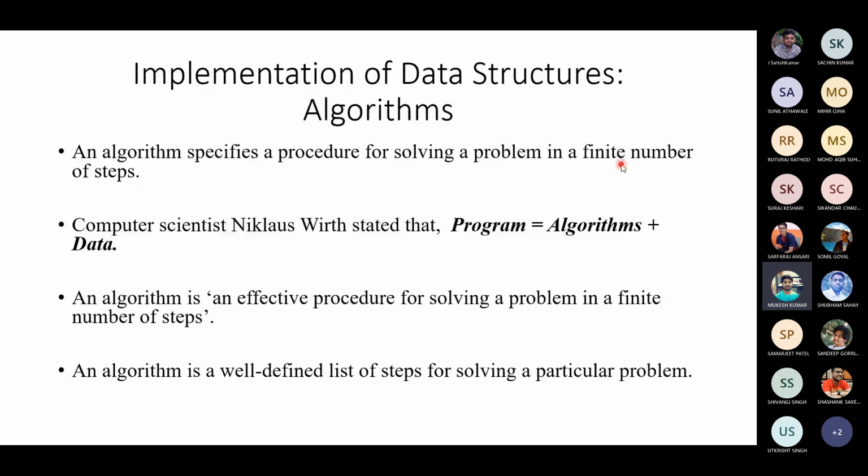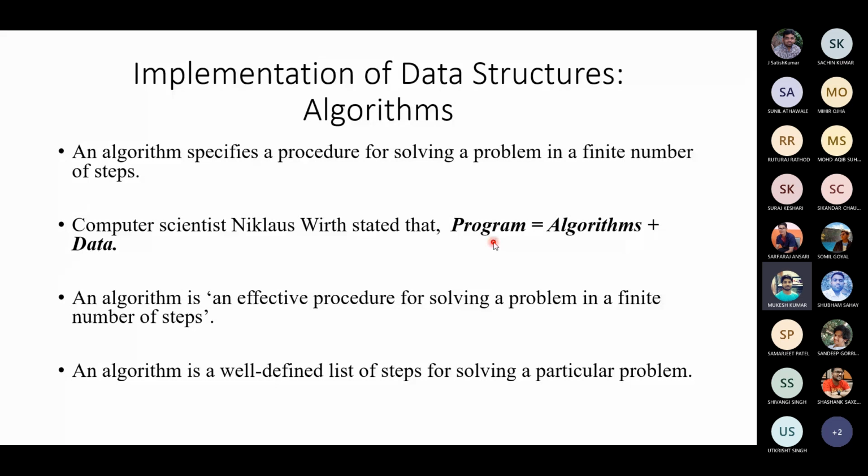A computer scientist, Nicholas Wirth, says that when I say program, a program, when you have written C programming in your first year, it follows some steps, some logic behind that. When I want to calculate the factorial of a number, there is a logic, right?